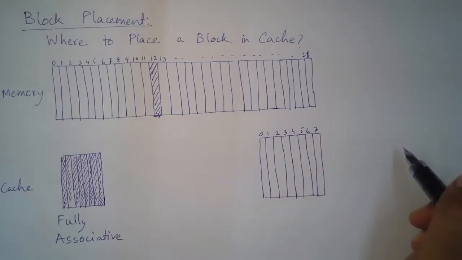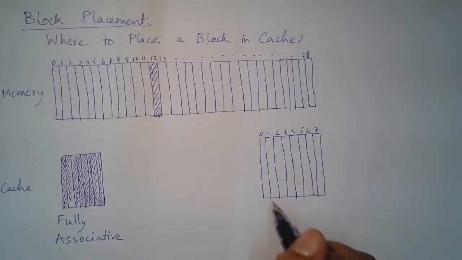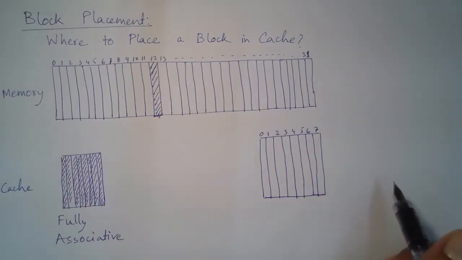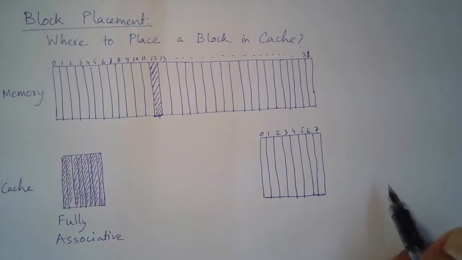Now in this case also, let us say I want to bring in block number 12 in this cache. Now the complement to this fully associative cache can be a direct map cache.